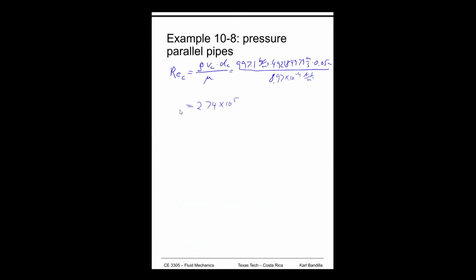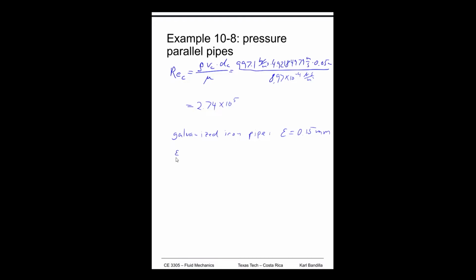So we know galvanized iron pipe, epsilon is 0.15 millimeters.